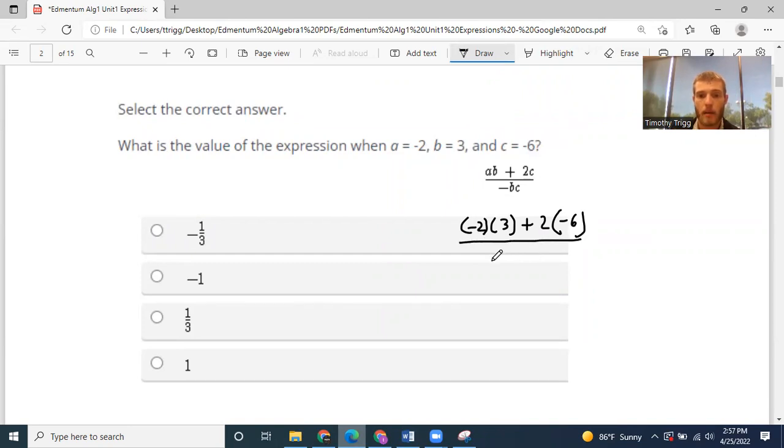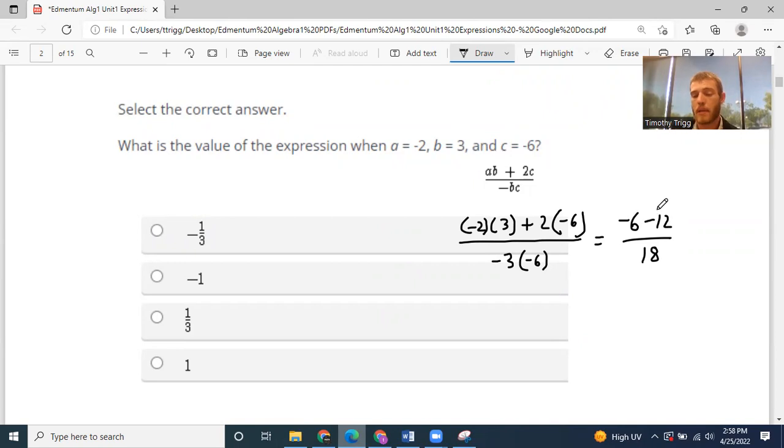Divided by -3, because b is 3, times -6. C is -6. -2 times 3 is -6. 2 times -6 is -12. Divided by -3 times -6 is 18.